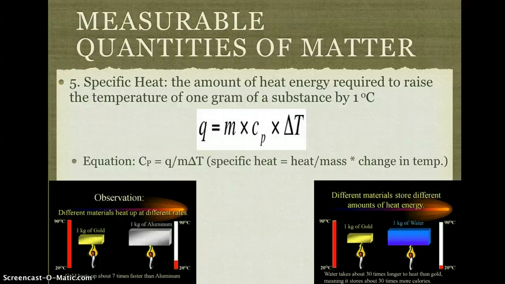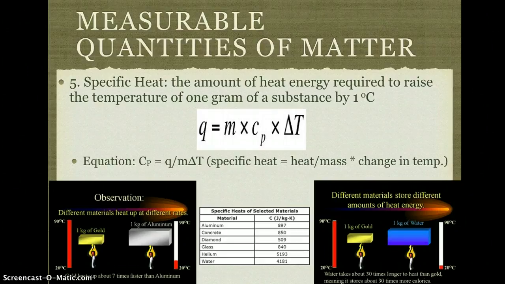See, gold is a metal, and hopefully you know that metals conduct, meaning they allow heat and energy to flow through them. And so a lot of the energy that goes into the gold will flow right out, whereas the water will tend to store it up, and it'll take much more time to heat it up, even more so than the aluminum before.